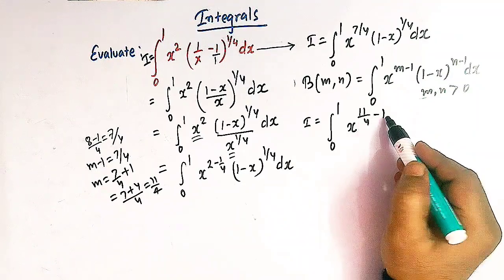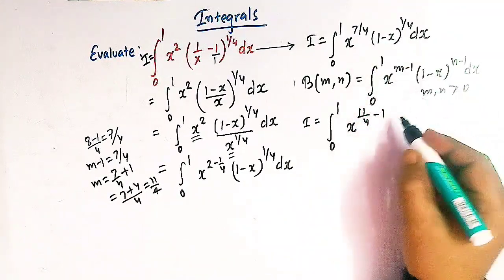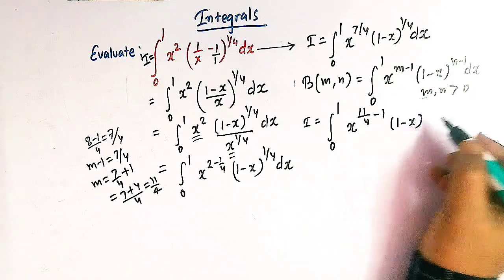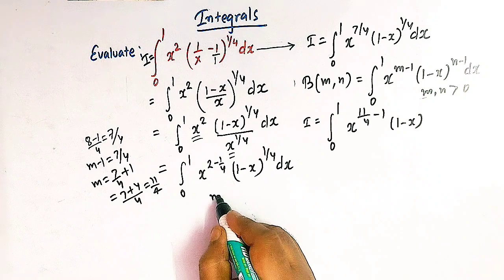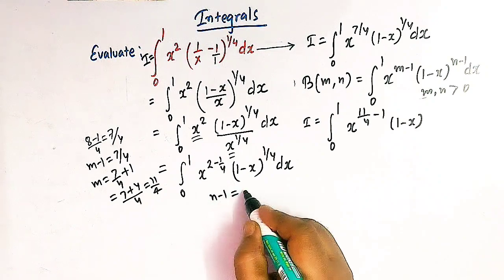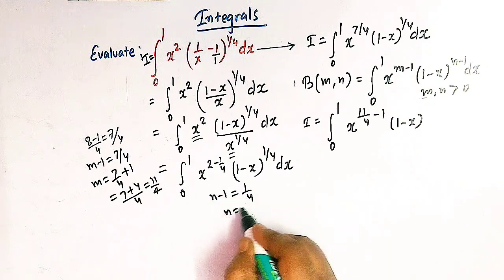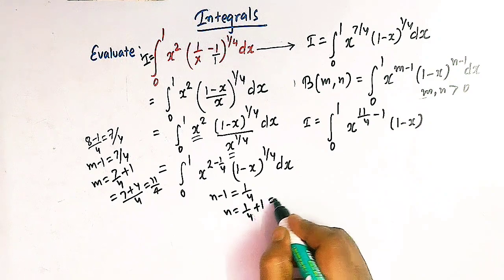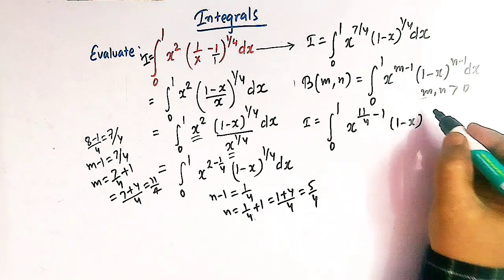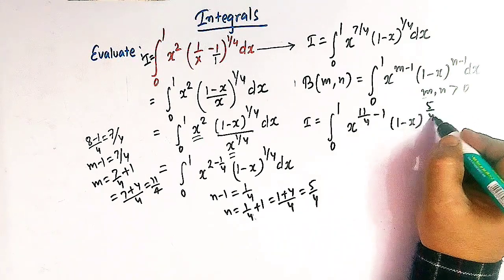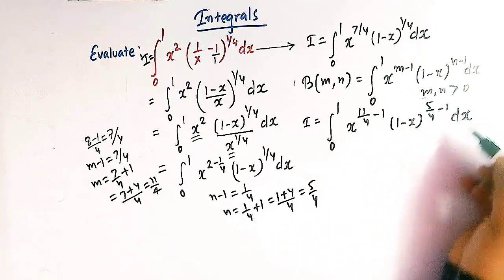So 11 over 4 minus 1 is 7 by 4, and similarly here we have 1 minus x raised to 1 by 4. So 1 by 4 can be equated to n minus 1. So we have n is equal to 1 by 4 plus 1. This is 1 plus 4 over 4, that is 5 by 4. So here we can write 5 by 4 minus 1.